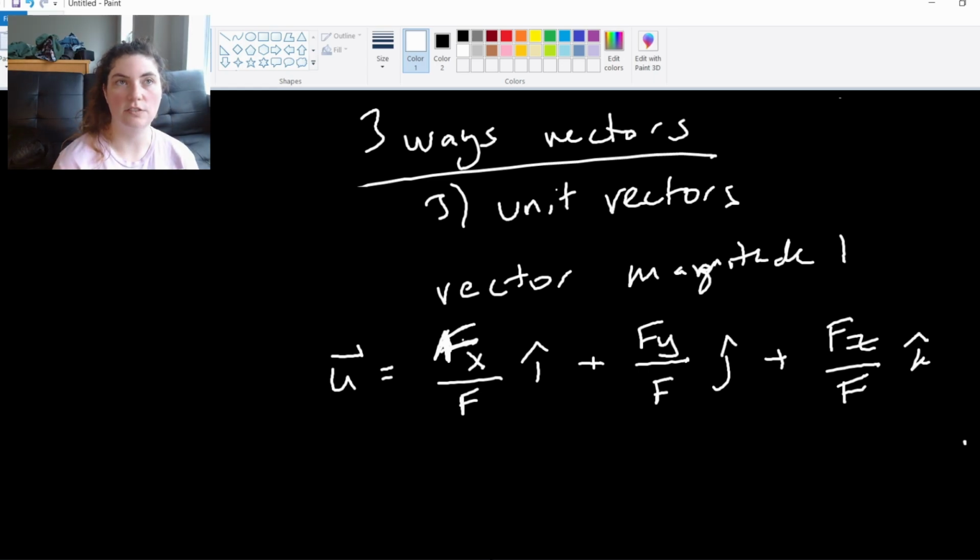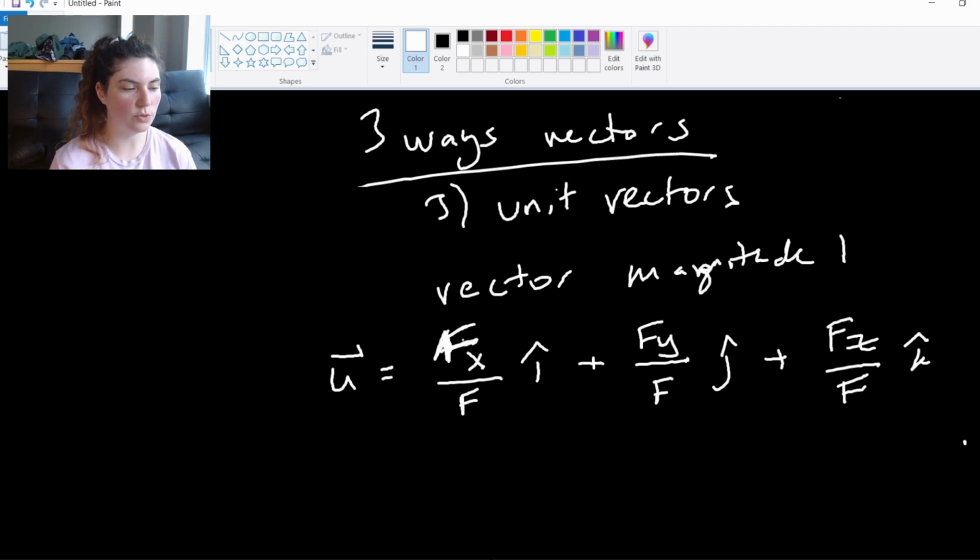So this is just converting to a single unit. So this just converts it to a magnitude of 1 so that we can provide direction. If we wanted the actual value of the vector, we would just multiply everything by F again, and that would be the actual value of the vector.